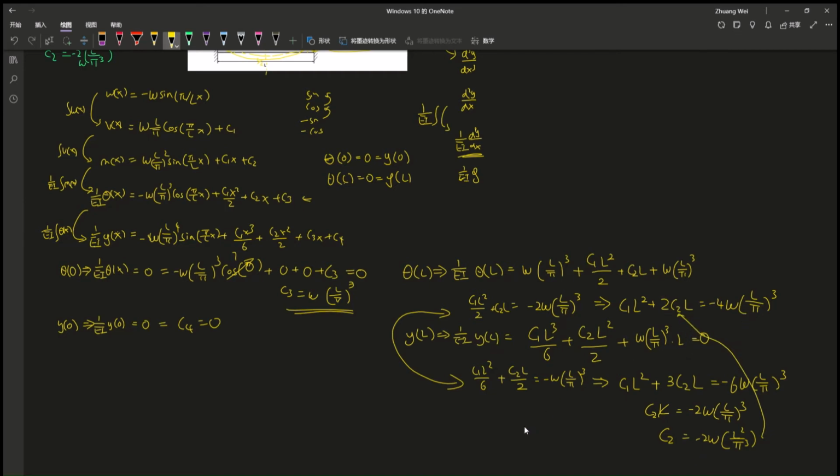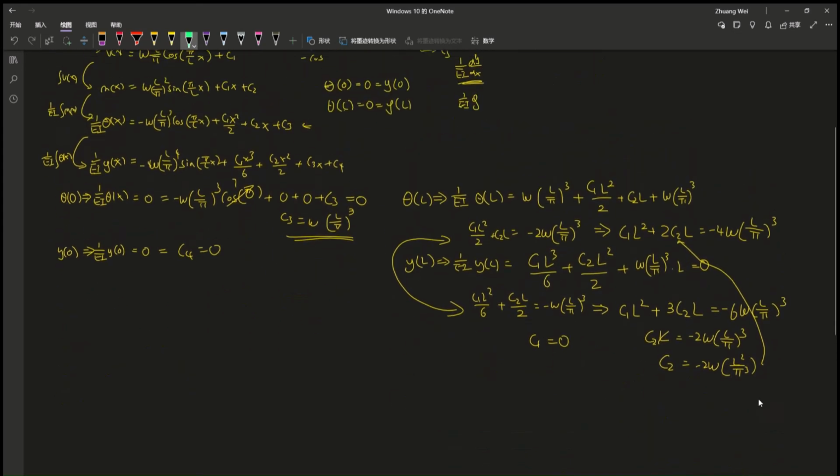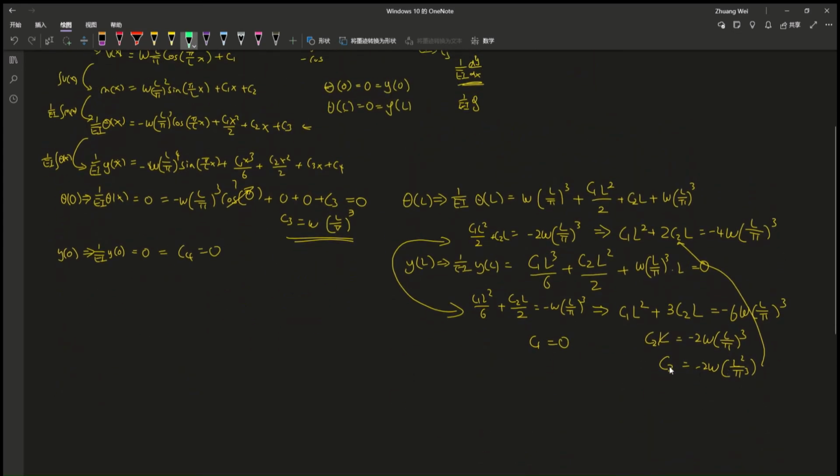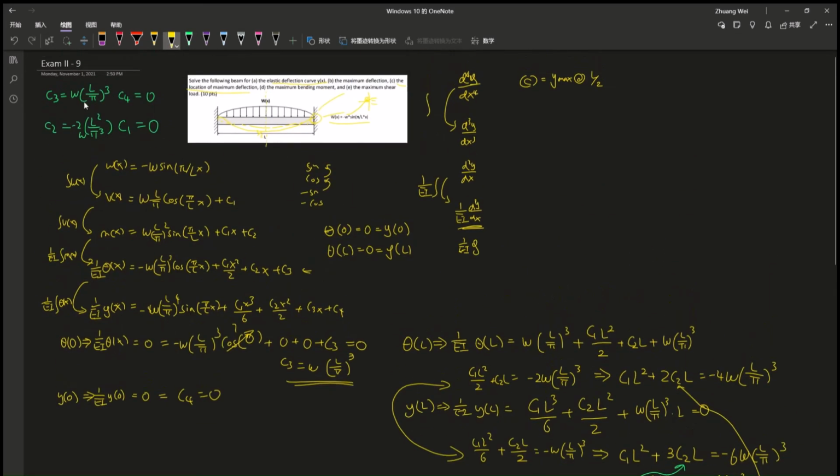That's going to give us 0, so C1 equals 0. And you can also plug into this one, which is 6 plus 6. Yeah, 0. Cancels out. Now we have all the coefficients. Let's plug it back into the y(x) equation to find out what the maximum deflection is.